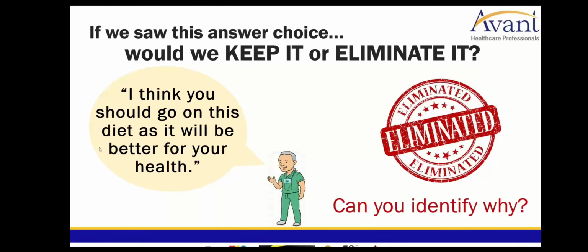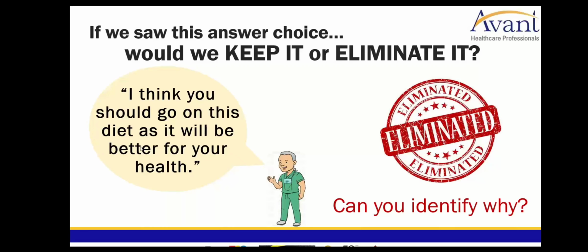Can you identify why this option would not be a good one? Well, this is a really good example of an authoritative answer, okay? As the nurse, or in this case, the doctor, the surgeon, is using their authority as a surgeon to tell the patient what they think they should do, okay?